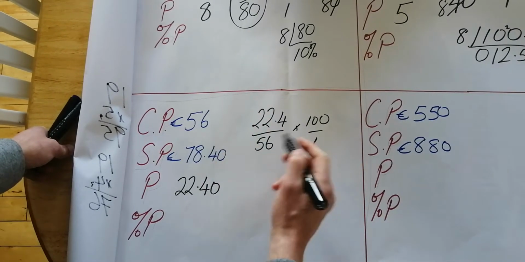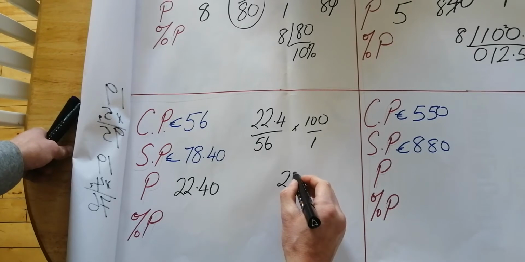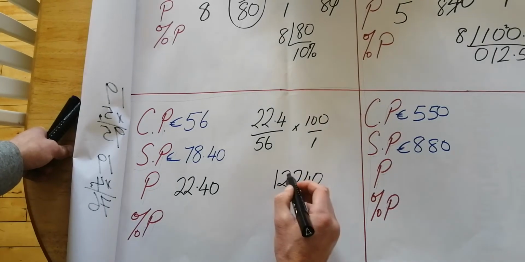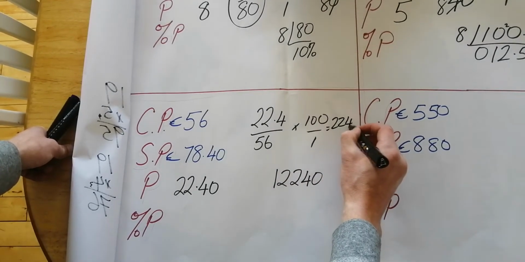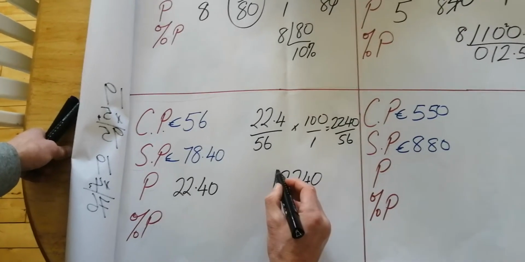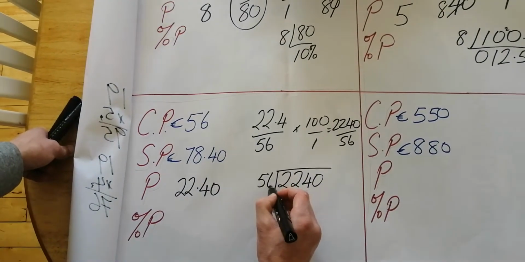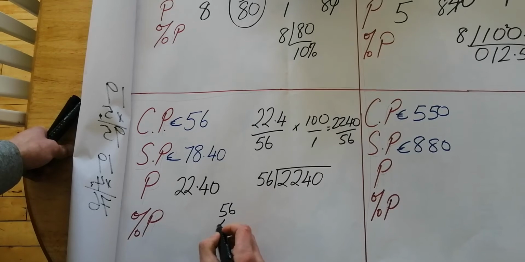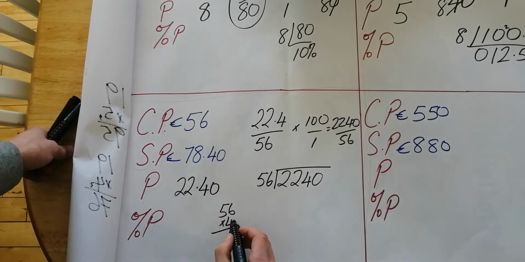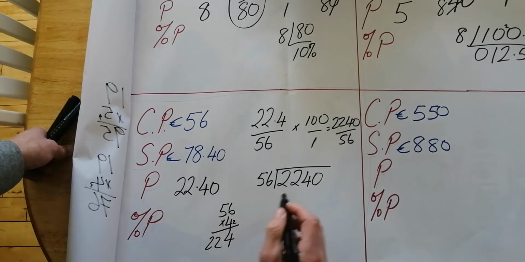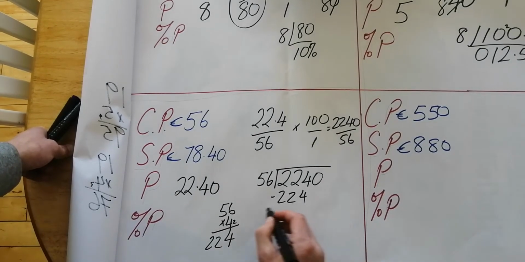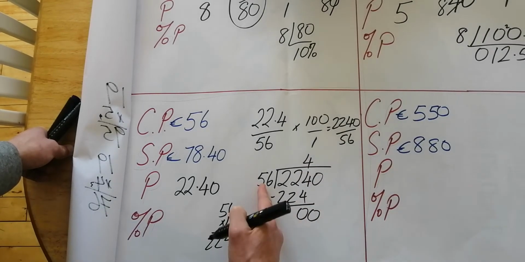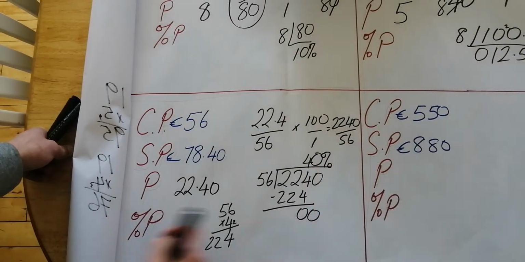So 2.4 by 100 is 2,240, and if I divide that then by 56, I'm going to guess it goes in 4 times. Four was up there, a 0 left over, 0 here. 56 into that is 0, which is 40%.